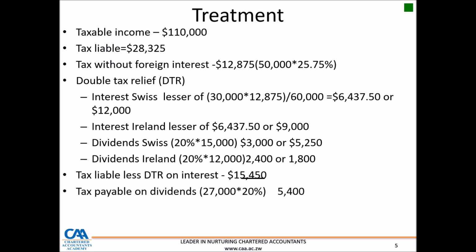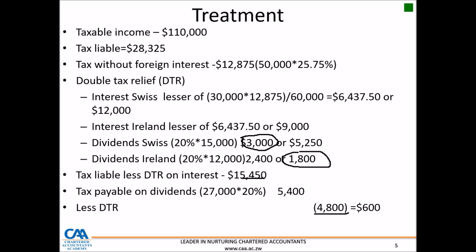Next, to work out tax payable as far as dividends is concerned, had we been paying dividends in Zimbabwe, we should have been paying on your 27,000, which is your 15 plus your 12, multiplied by a 20% tax on dividends, which will give us 5,400. Less, of course, your relief, which we worked out to be 3,000, the lower of the two, plus 1,800, which gives your total relief as far as dividends is concerned, 4,800.